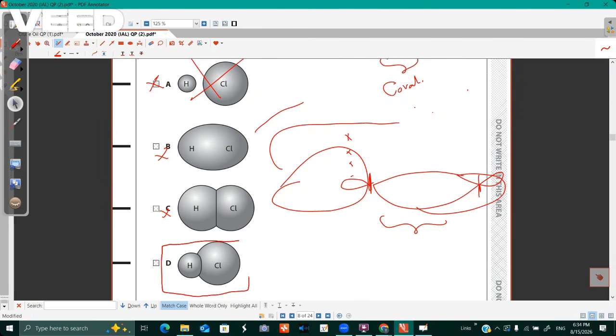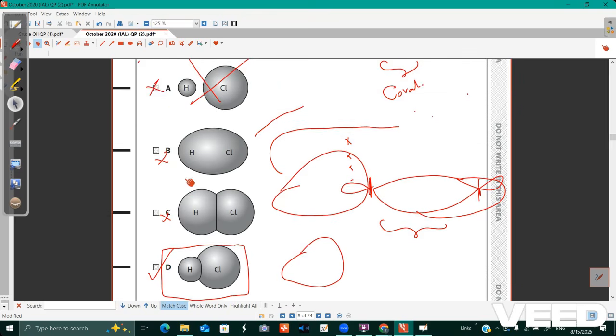Chlorine is more electronegative. But if you had an answer like this, that would have been the best answer, because this electron cloud is common between these two atoms. But out of these answers, what is the best answer? The best answer is D. See, train your brain.